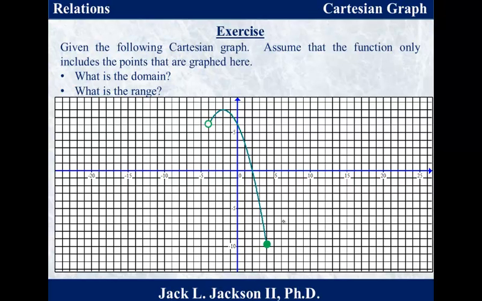Press pause now. Well, we can do this the same way as the last one, except instead of individual points, we've got a whole bunch of them. So again, we can shine a light on this and cast a shadow on the x-axis. It's going to start here at -4. This is going to include points bigger than -4, and then we shine a light from below here, and it's going to go up to +4.